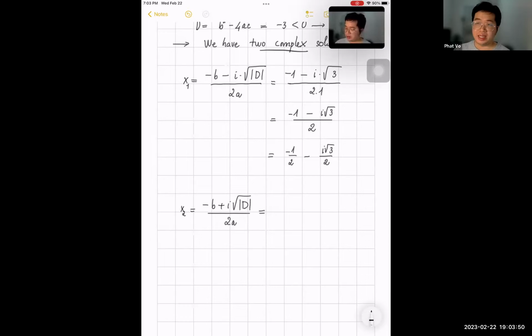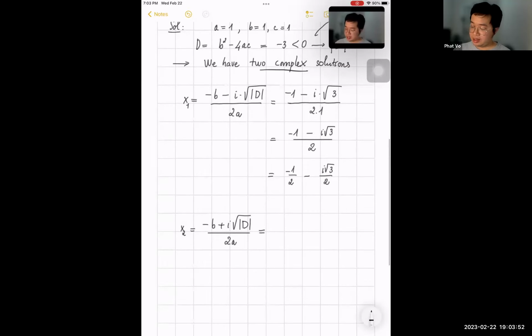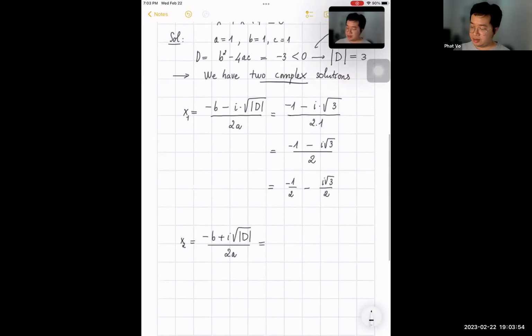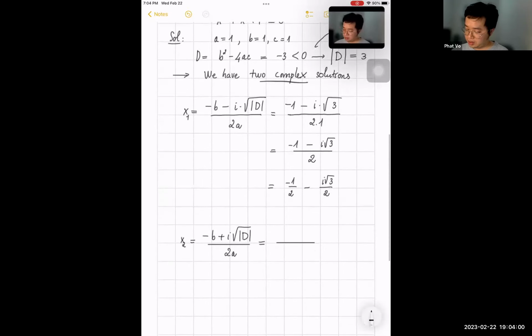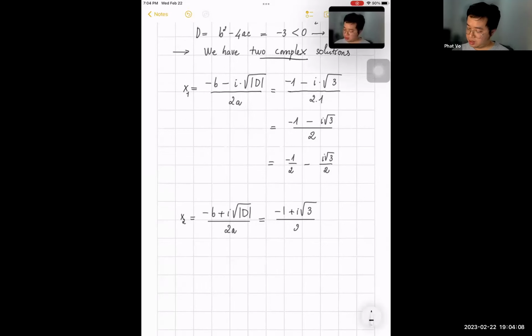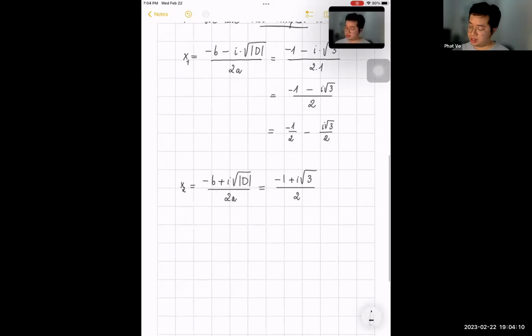Now we relate b, D and a to this formula. We have b here is 1, so put 1 here, and the absolute value of D here is 3, and 2 times 1 is 2. Okay, so do the similar thing, and we can write it like this.